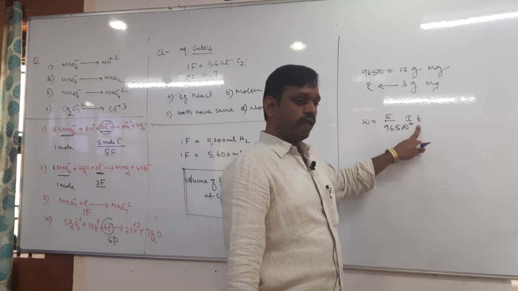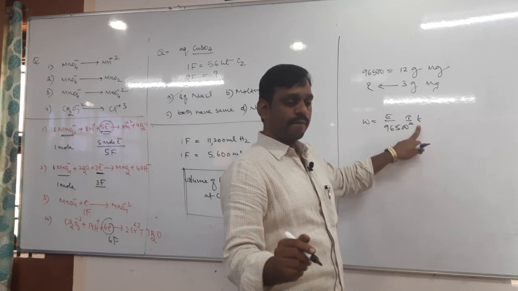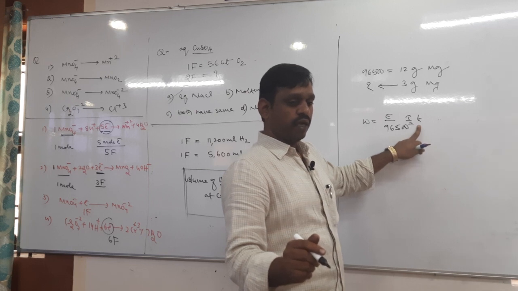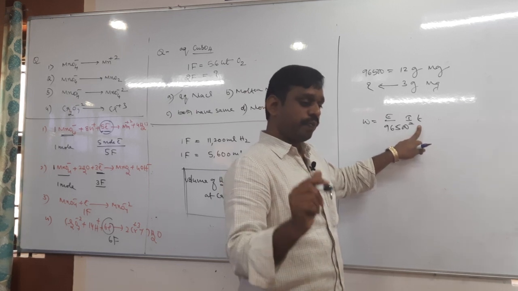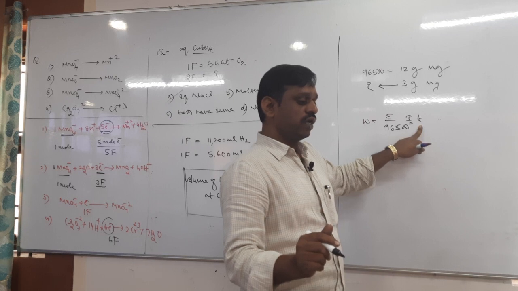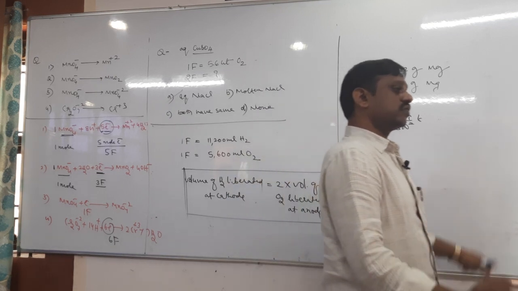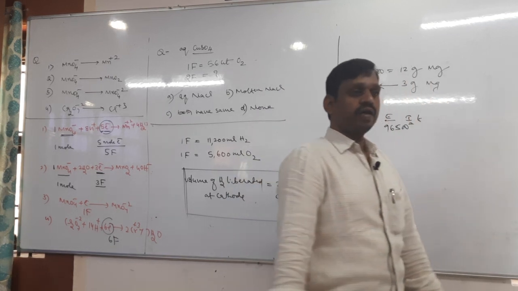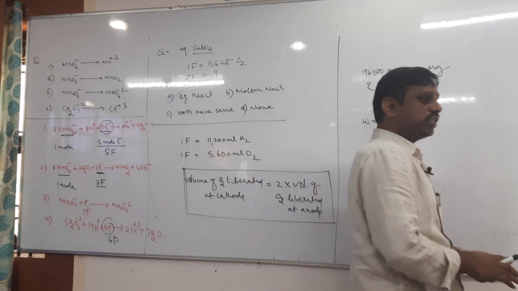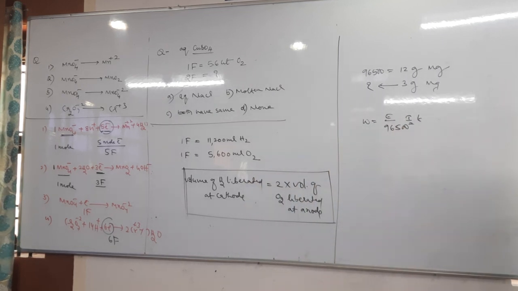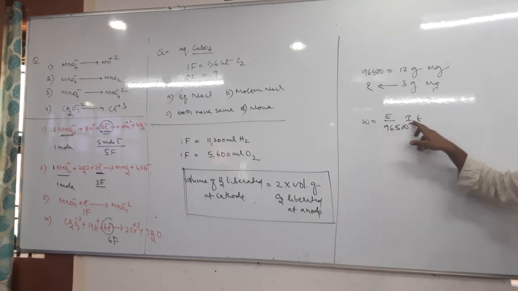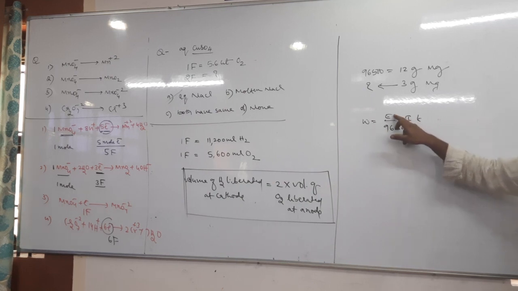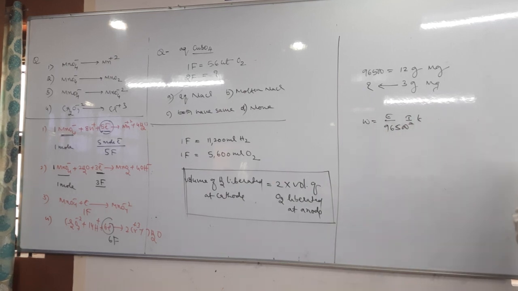By electrolysis of acidified water and by passing 50 ampere current. Right, W is given, I value is given, and the E value is not given and will not be given. Why?